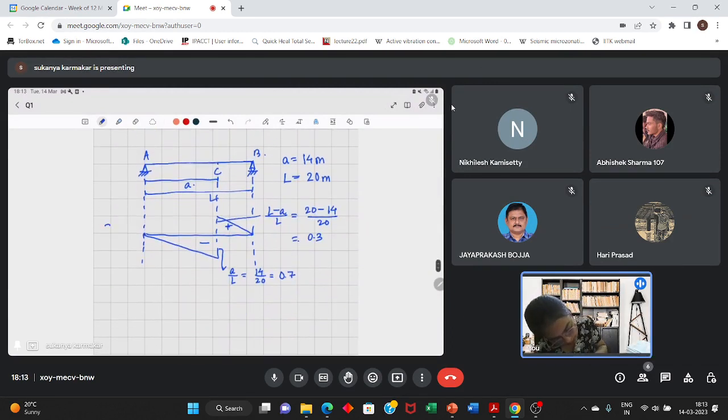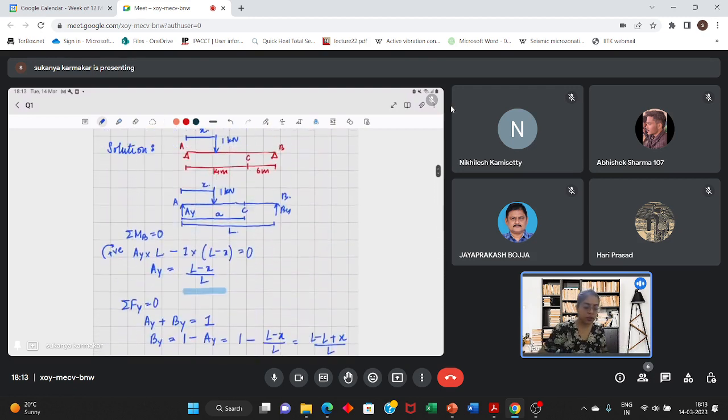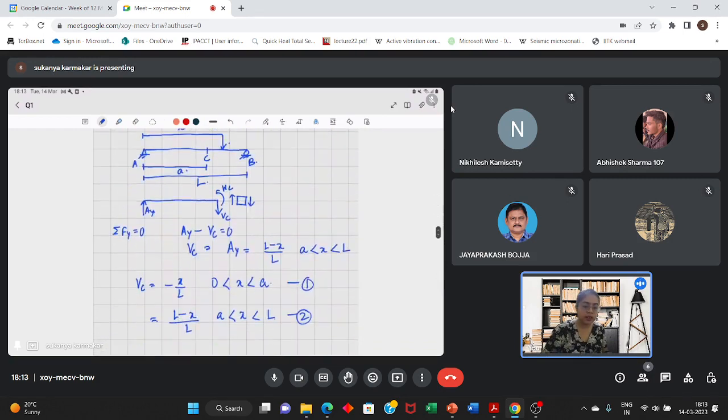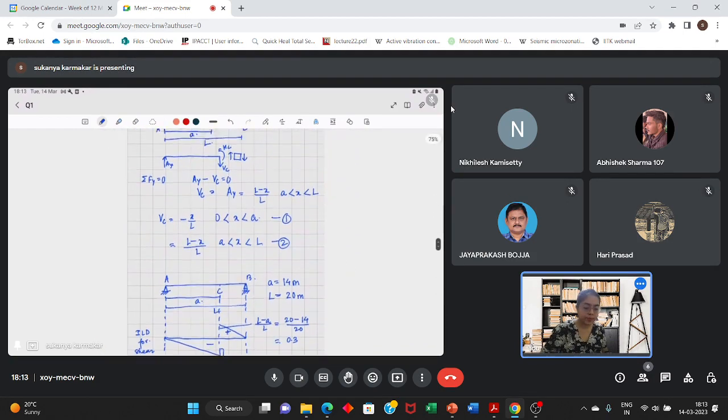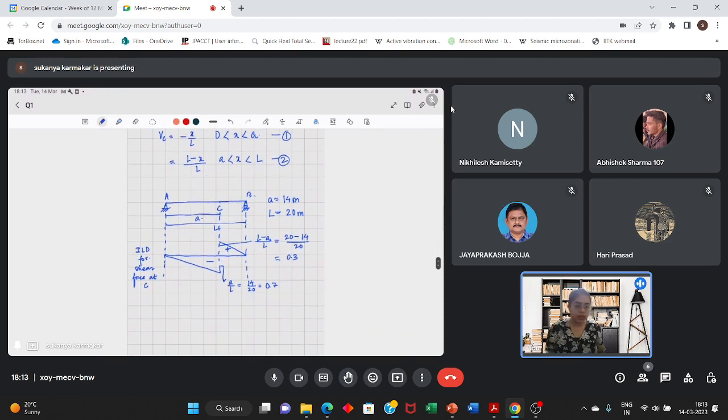So this is the ILD for shear force at C. So this is using the first technique, using the long method. So is this clear? Okay, we can take doubts at the end of the question.